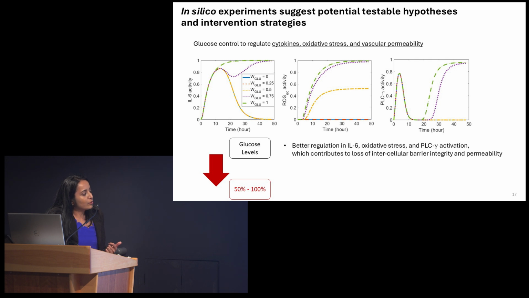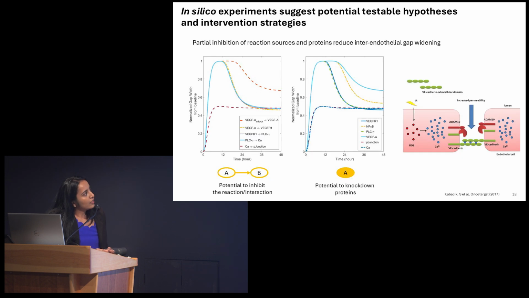By reducing glucose levels by 50 to 100%, we saw that it was able to better regulate the expression of inflammatory cytokines, oxidative stress, as well as some tyrosine kinase activity like PLC gamma, as PLC gamma can be directly or indirectly related with changes in the barrier integrity, as well as changes in the permeability in endothelial cells.